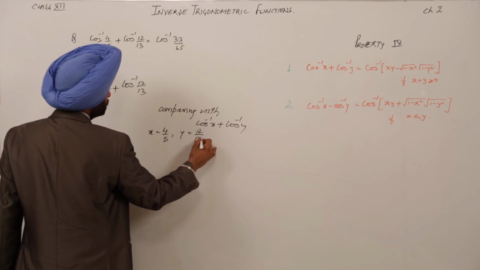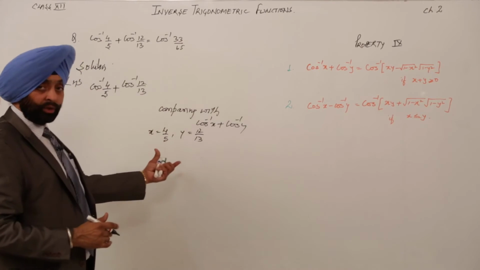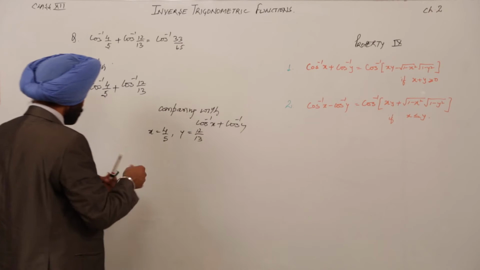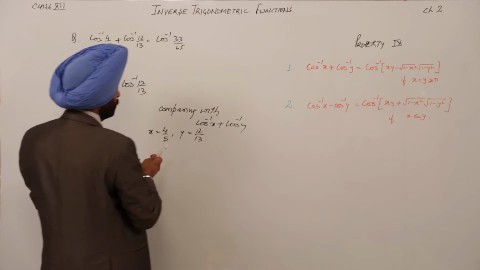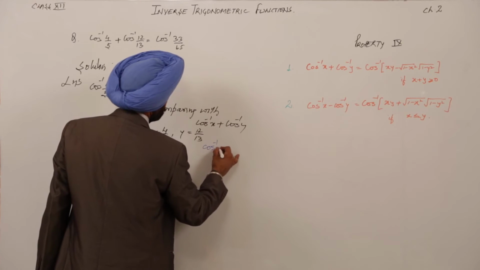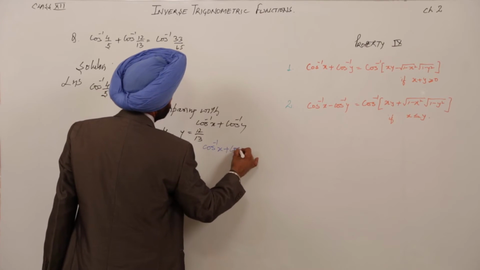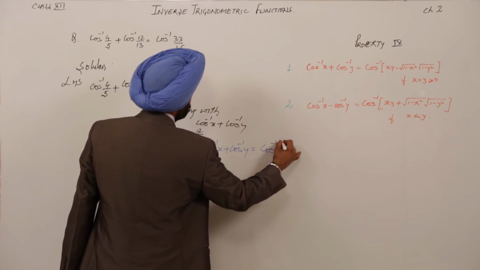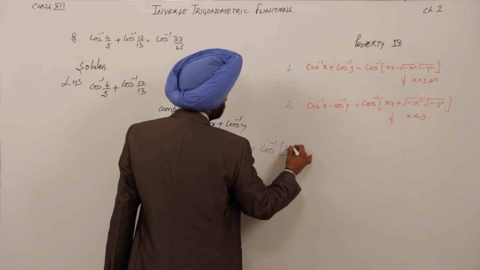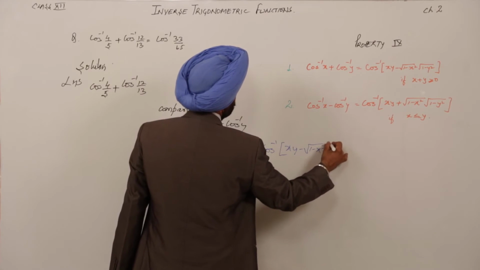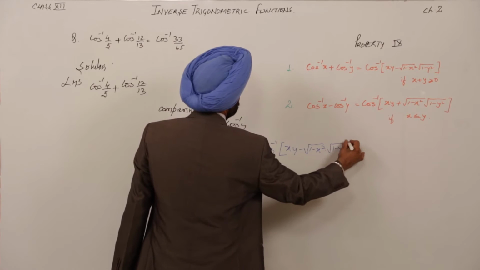So, this means this value we can directly insert in our property. You can highlight the property which you are using. You can write cos inverse x plus cos inverse y is equal to cos inverse of xy minus square root of 1 minus x square times square root of 1 minus y square.